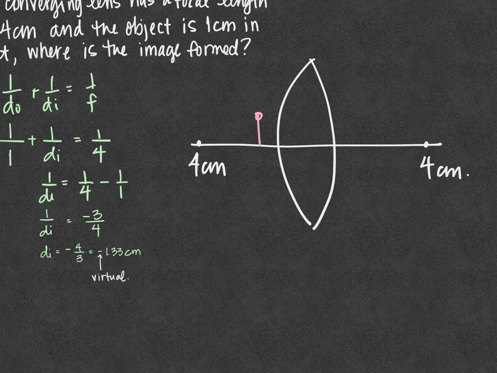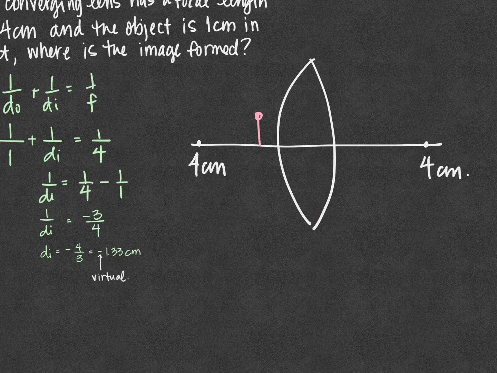Now, the positive image distance is on the other side of the lens. So if I was looking for the image and the image was positive distance, then it would be over here. But the image distance is negative in my calculations. So that means my image is going to be formed on the same side of the lens as the object.